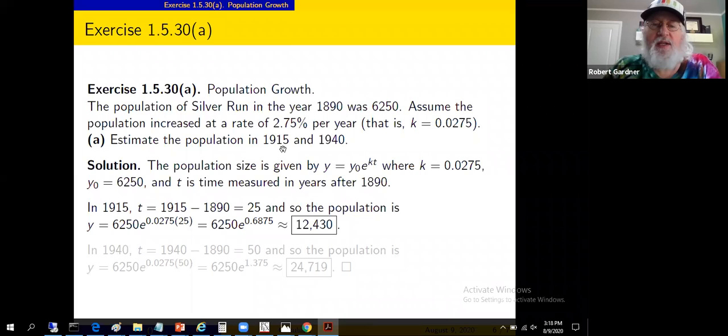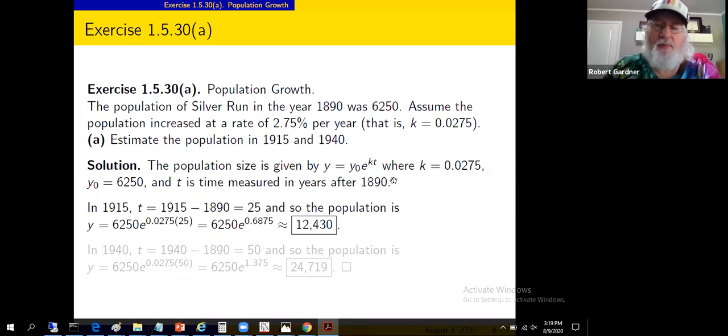All right, 1915. T equals what in 1915? Well, we started the clock in 1890. This is 25 years later. So in 1915, t is 1915 minus 1890. That's 25. Units are years. It means k would have to be expressed in per years as well. And they said something about per year up here.